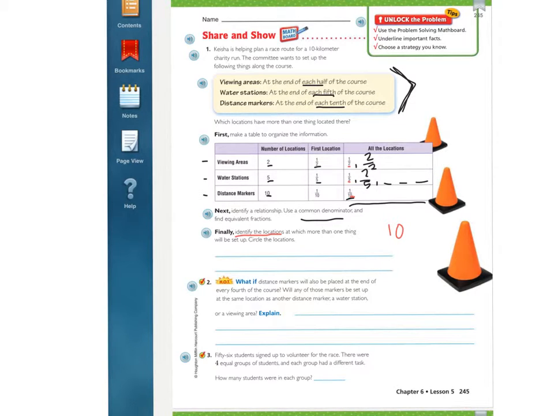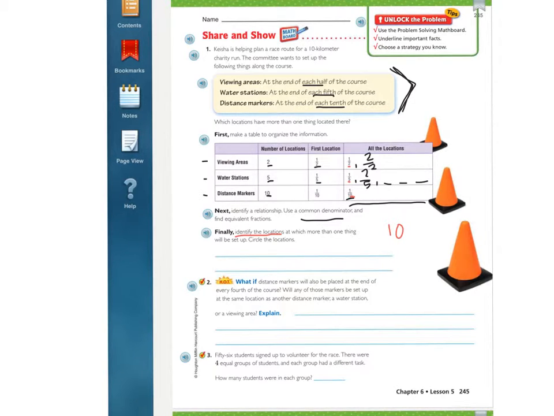When you have found equivalent fractions in the viewing areas, water stations, and distance markers, that is a sign that those locations will have more than one thing located there.